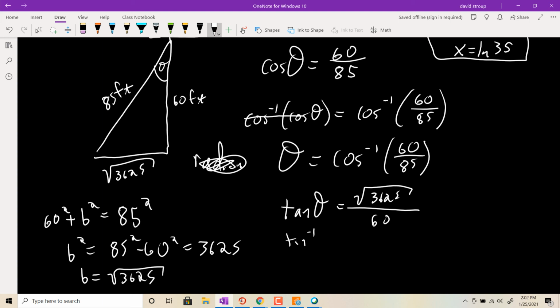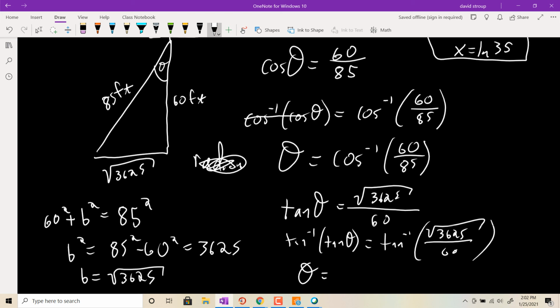So you get tan inverse of tan theta equals tan inverse of the square root of 3625 all over 60. And you get theta equaling that thing that you put in your calculator. You should get the same answer. So it's a way of kind of checking if you are really worried about issues.